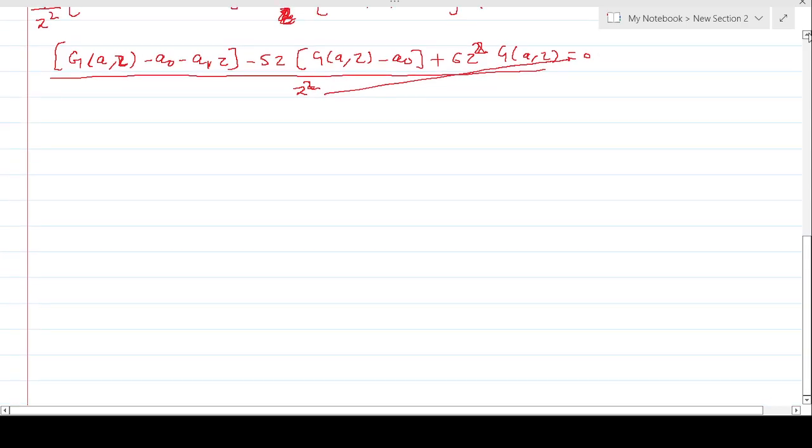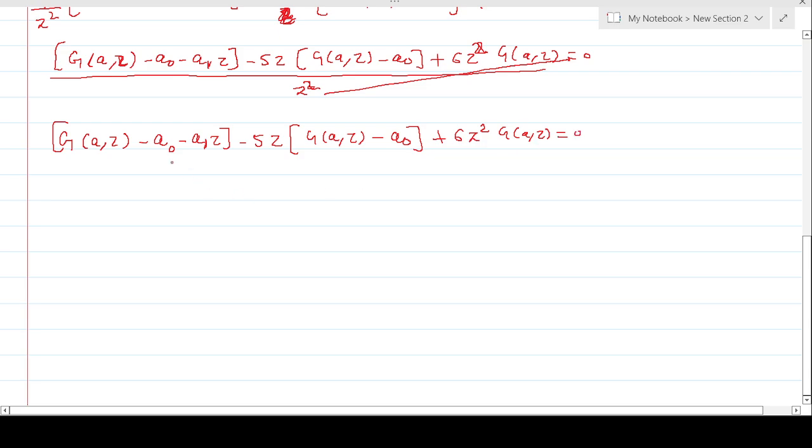So what it is: g(z) minus A0 minus A1z, minus 5z into g(z) minus A0, plus 6z square into g(z) equal to 0. Now substitute the values of A0, which is 0, and A1, which is equal to 2.